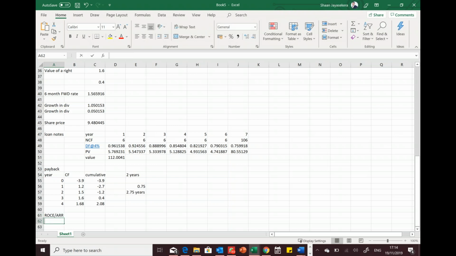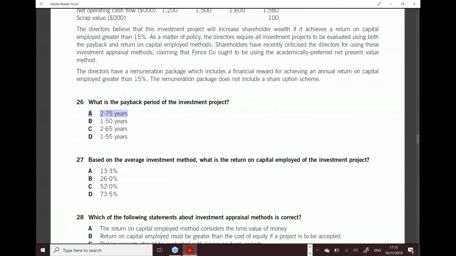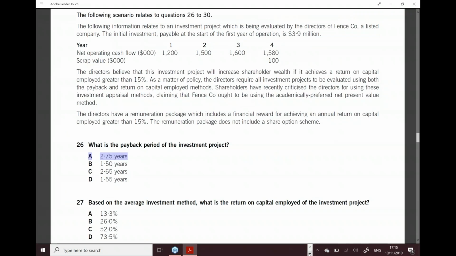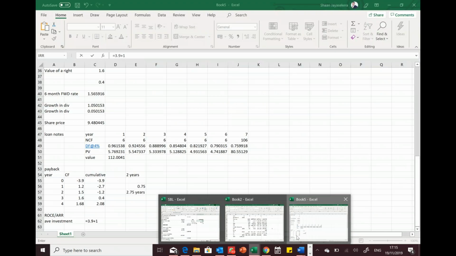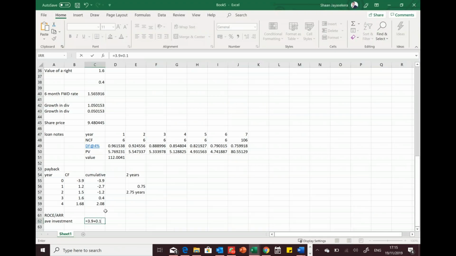So my average investment will be the investment at the start, that is 3.9, plus the investment at the end, I believe it was 0.1. This entire thing I will divide by 2 because it's the beginning and the end.